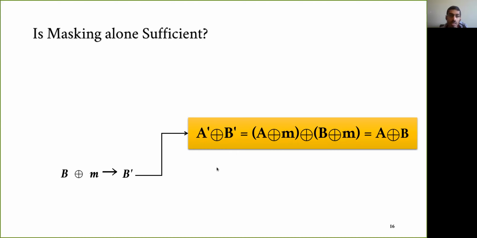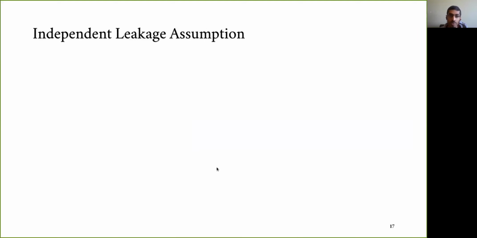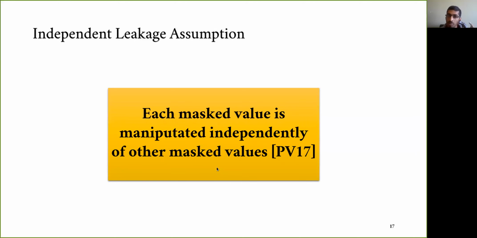So let us briefly think about what's the actual problem here and how we are going to fix that. The actual problem here is that we are breaking an assumption. The assumption is that each instruction in a program is executed independently of other instructions.